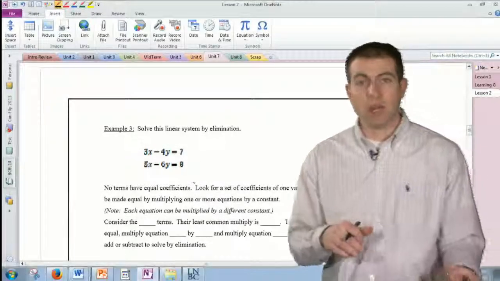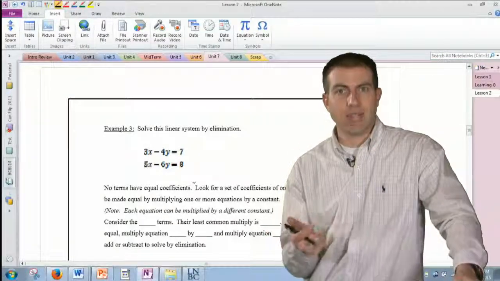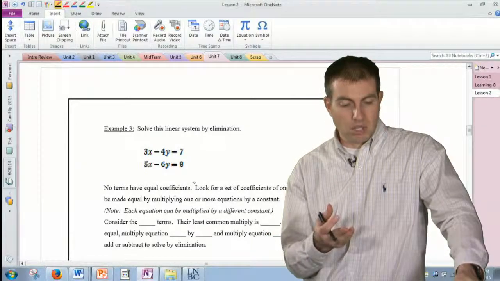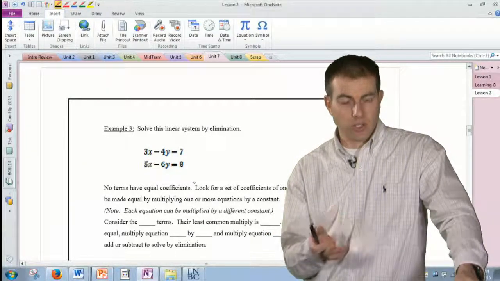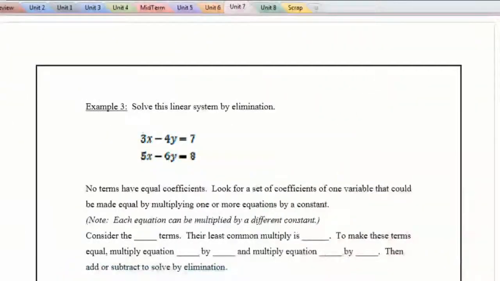Now, in the previous example, I said, I can multiply one of those equations by 2, and then the x term is going to be the same. Is there an equation here we can multiply by something that will make our x or y terms the same? The problem here is this. If I multiply this 3 by, let's say, 2, that's going to give me a 6.